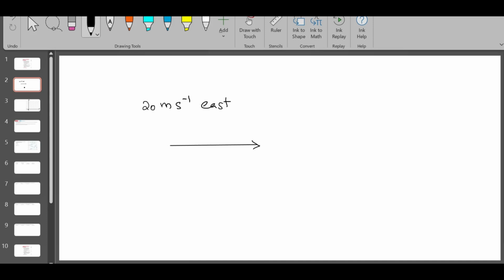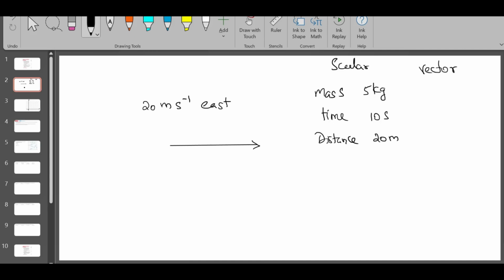So examples like mass. We say, let's say 5 kilogram, it has no direction. Time, 10 seconds, no direction. Distance, 20 meter, no direction. These are all scalar quantities.